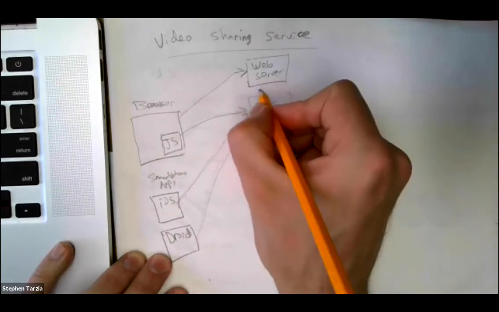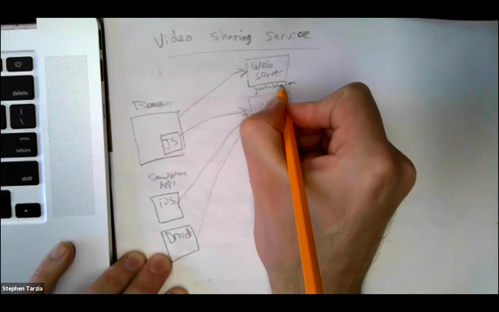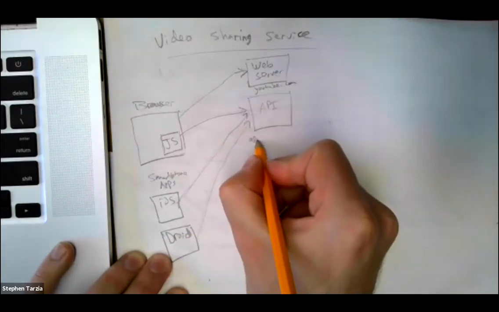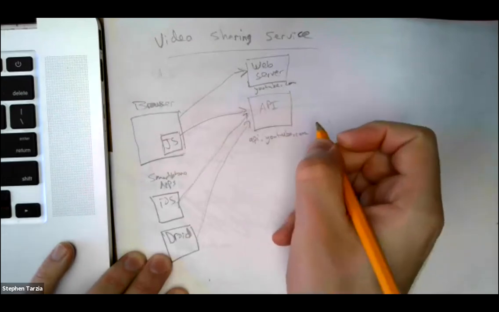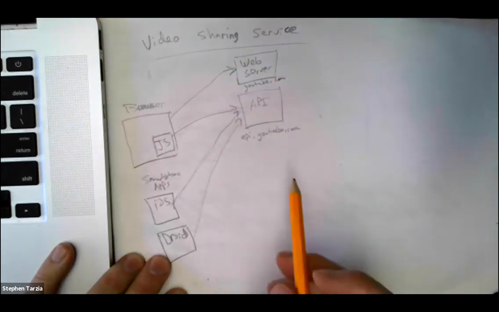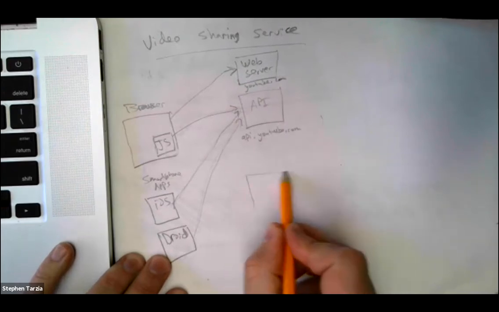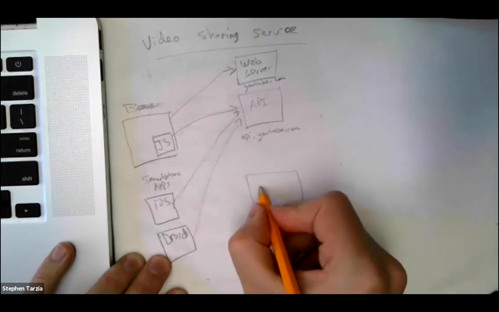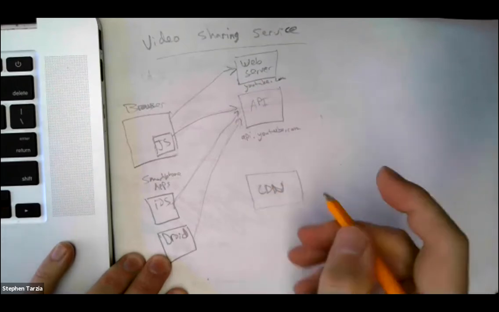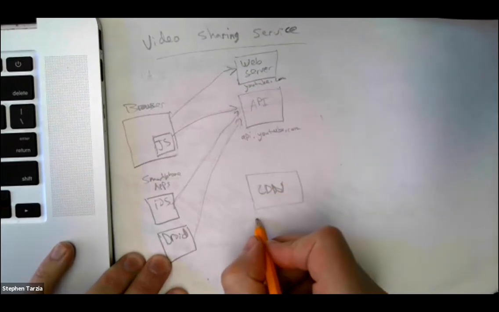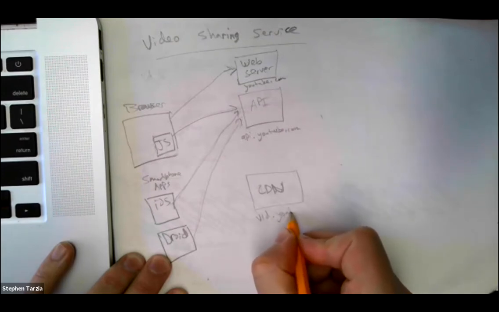So this might be youtube.com up here, and this one here might be api.youtube.com. Okay. And my guess is you also want to have a CDN here for a different domain, which is, let's say, vid.youtube.com.